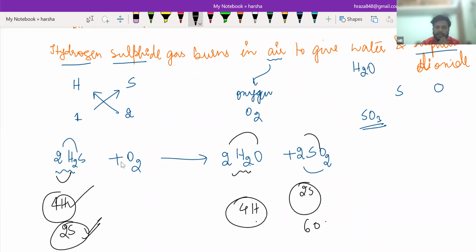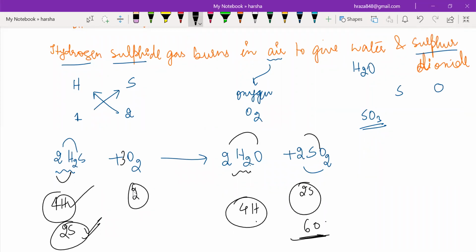That means it is balanced, and only 2 oxygen is there, but here is 6 oxygen. So I am going to multiply it by 3. Is it balanced or not? Yes, sir. So this is how we are going to balance. Okay, Sarah? Yes, sir. So can you balance it?